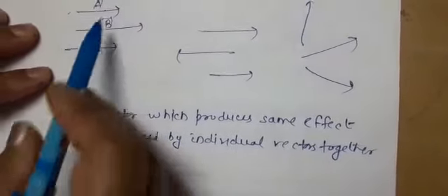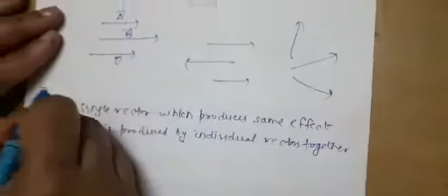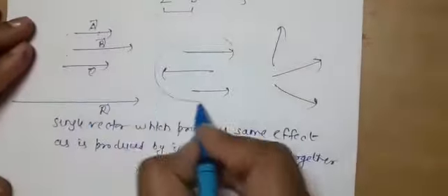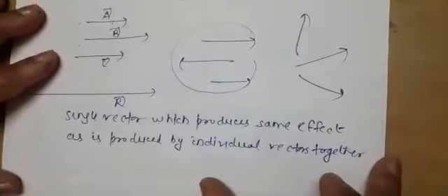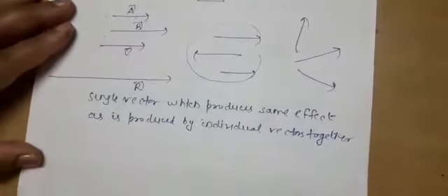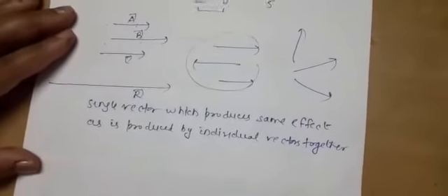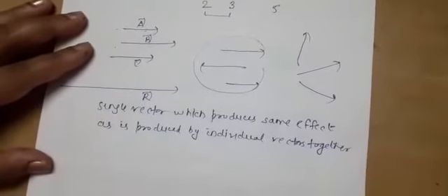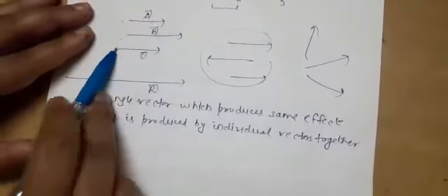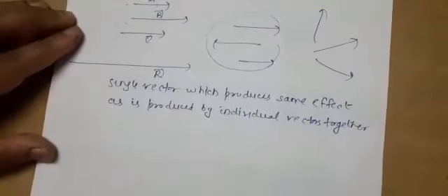So that means instead of these three, if we take the combined effect of them, there will be some resultant vector. Although there are certain rules for how to take the resultant of these vectors when they are in the same direction, in the opposite direction, or at some angle, for the term, I am just saying that it is that single vector which will produce the same effect that is produced by all these individual vectors taken together.